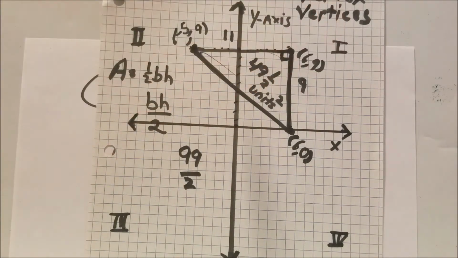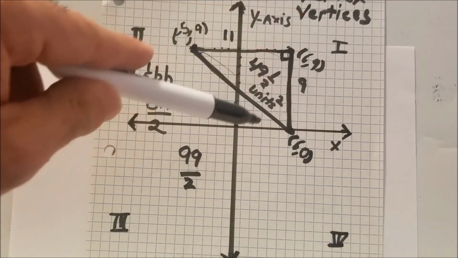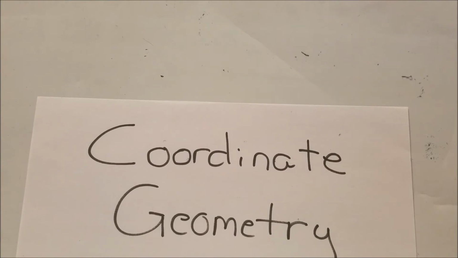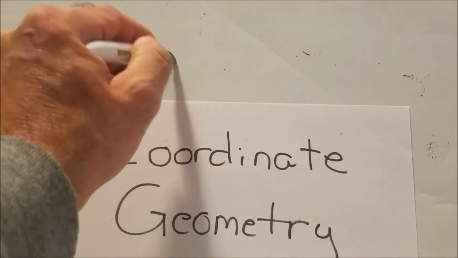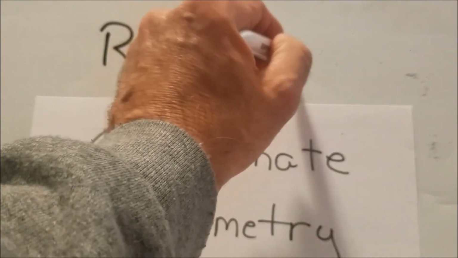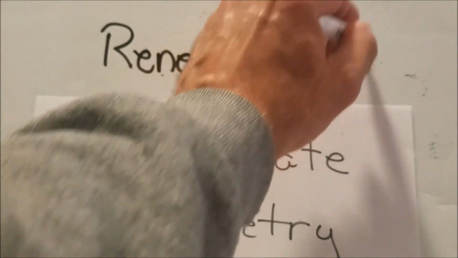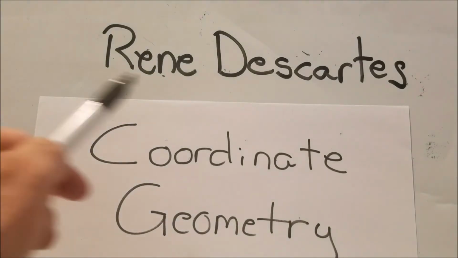We know the number of quadrants. We know the name of this is called the coordinate plane or the Cartesian grid. And this is how you would spell René Descartes. That's René. It's French. So it's not René Descartes as you might say it.